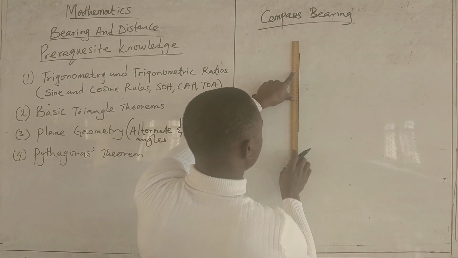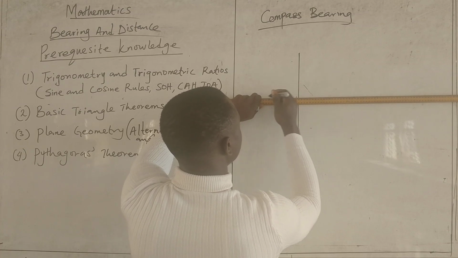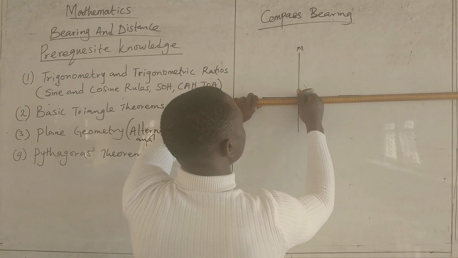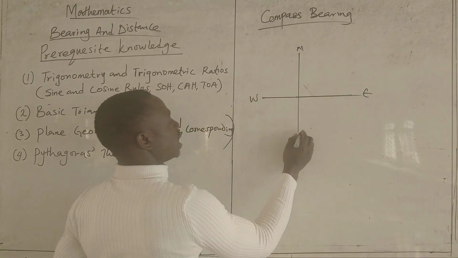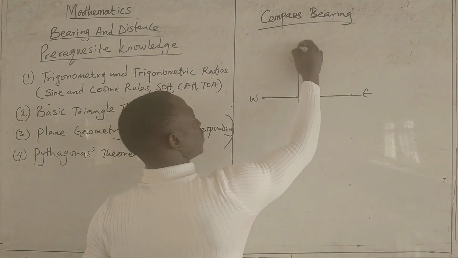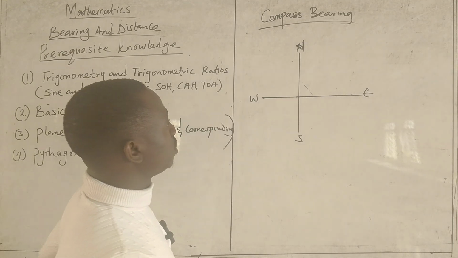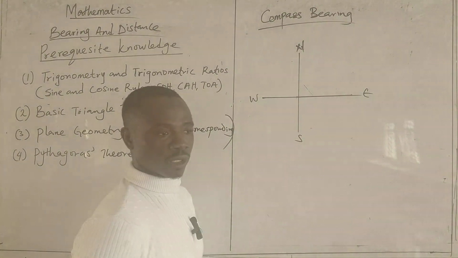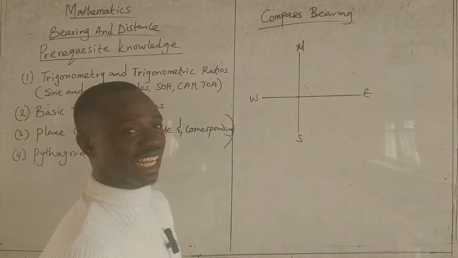So your cardinal points again. Here's the north. Here's the east. Here's the west, and here's the south. So when you talk about northeast, any angle that is northeast must fall in between north and what? North and east. And that angle must lie between the north and that line.